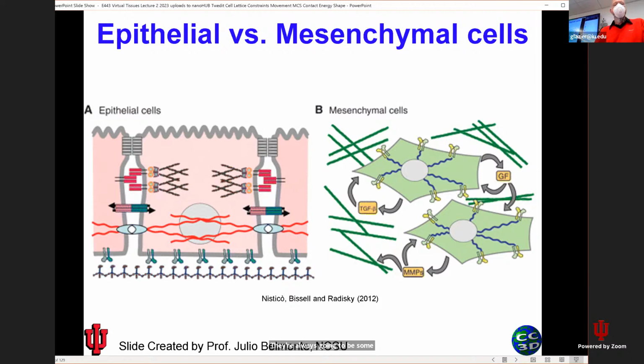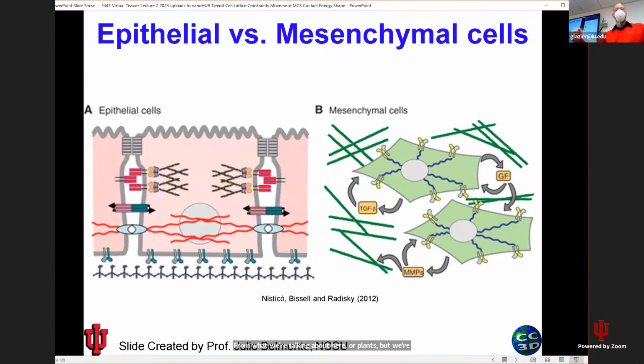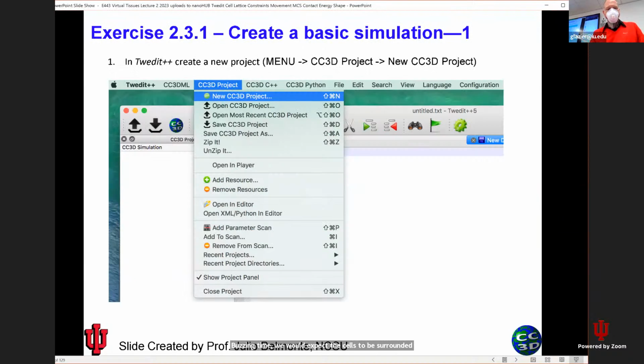And if you're dealing with bacteria, then they have a totally different structural organization from what we're talking about here, or plants. But we're going to imagine that we have this concept of epithelial sheets where the cells are all connected to each other versus mesenchyme where the cells are more round and more fluctuating and have some space around them. And we're going to imagine that we're going to do this in 2D. So we're going to look from the top. An epithelial sheet, all of our cells would be attached to each other and stuck and not moving around a lot. Mesenchyme, we would expect the cells to be surrounded by medium and also to move more freely.